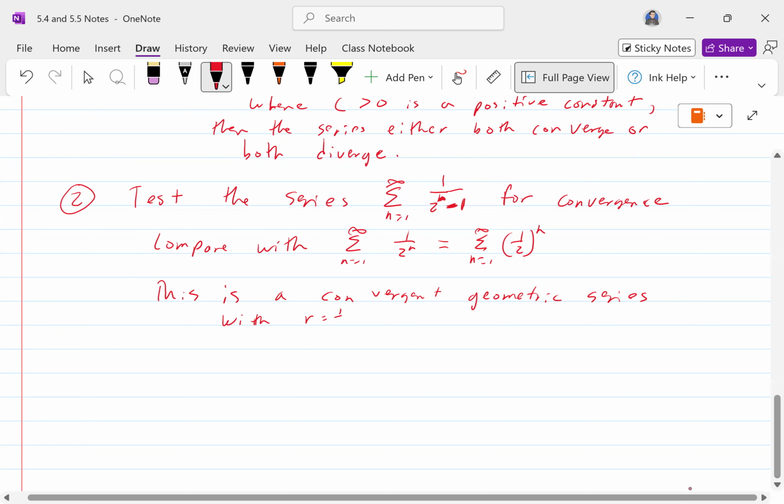The common ratio is 1/2 here, and since 1/2 is less than 1, it converges.